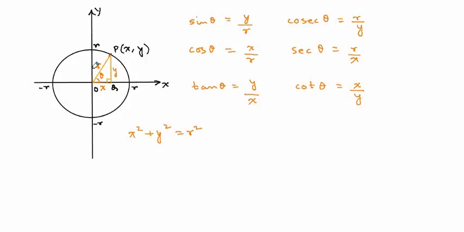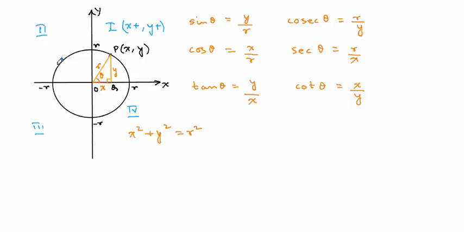Remember, the coordinate plane is divided into 4 quadrants: 1, 2, 3 and 4. I hope you know that. This is 4. In the first quadrant, if you look at any point in the first quadrant, x and y are both positive. So we have x as positive and y as positive in the first quadrant.